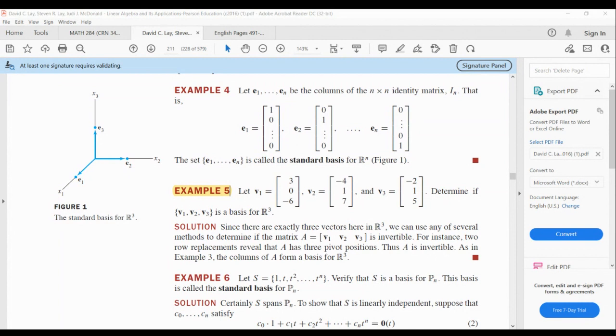Okay. Well, in the solution, how do they determine if it's a basis? If we look at the solution, it says, well, there's several ways to choose to do it, but one is you can set up a matrix with column vectors v1, v2, v3.